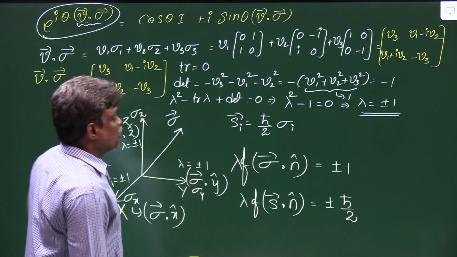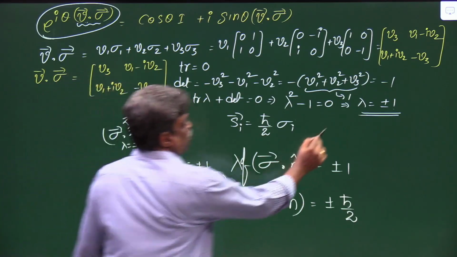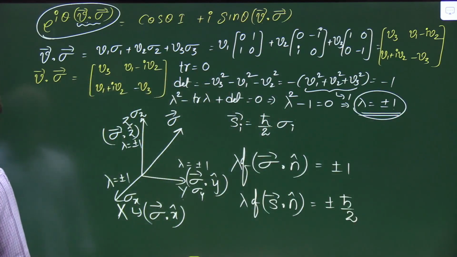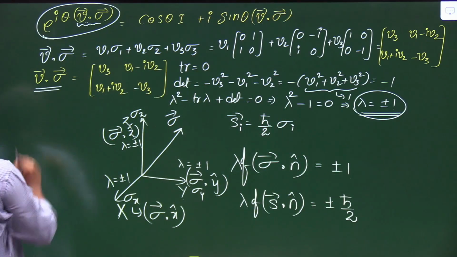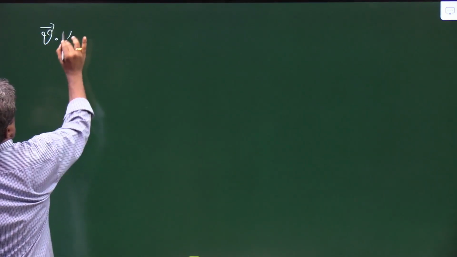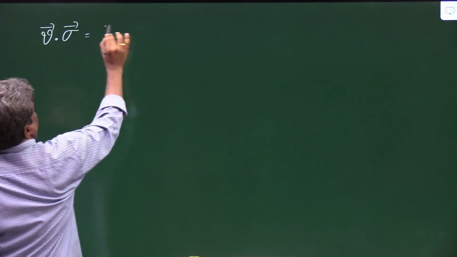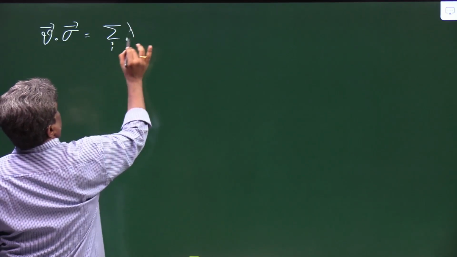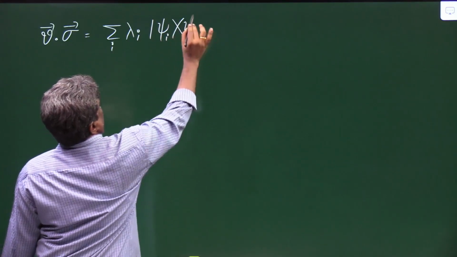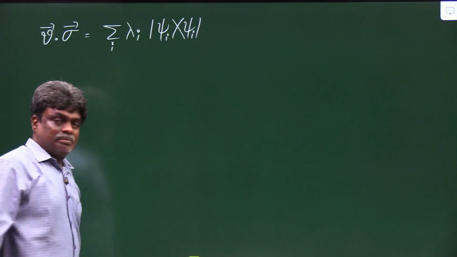Now let us proceed to our problem. We got the eigenvalues plus or minus 1. This is the matrix we are discussing. Finally, V bar dot sigma bar, I can write as a spectral decomposition, summation over i, lambda i, outer product of the eigenvectors.